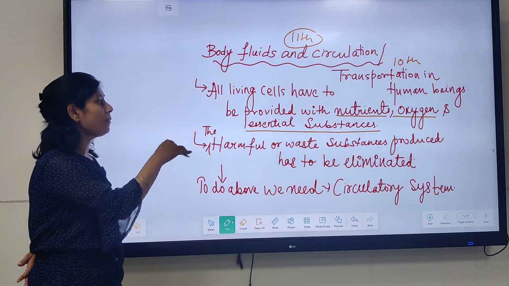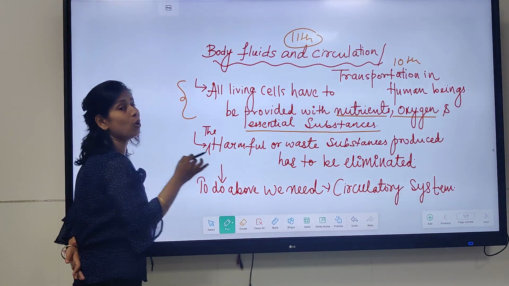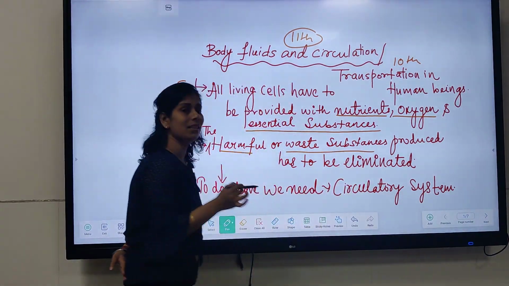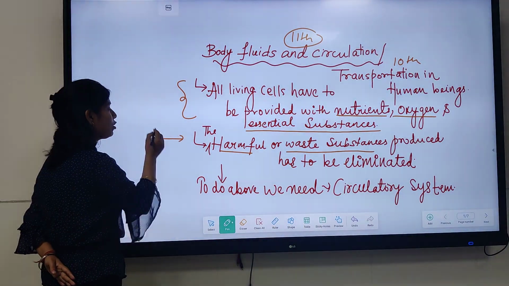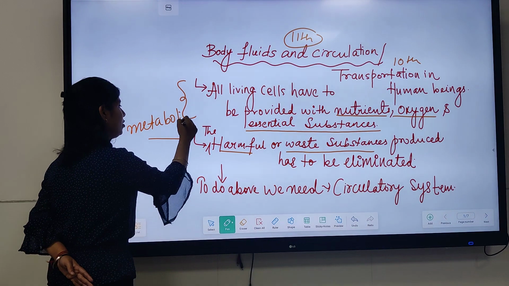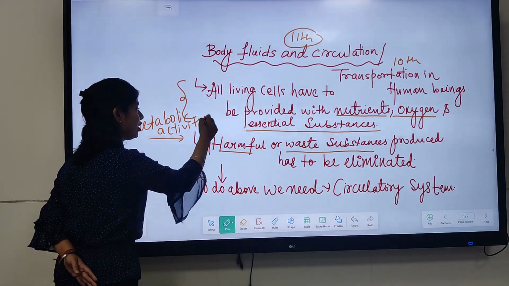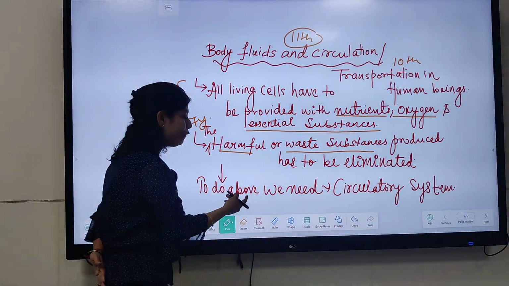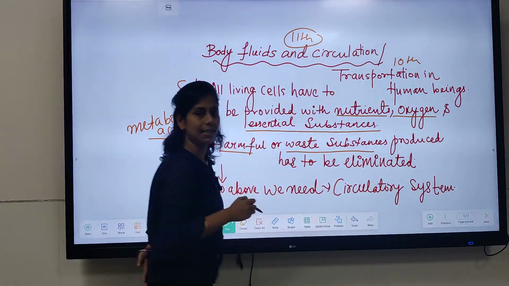Apart from transportation of these essential things, we also need to eliminate harmful or waste substances. And how are these wastes produced? During metabolic activity, a lot of essential things as well as harmful wastes are produced. To do all this task, we need a circulatory system.